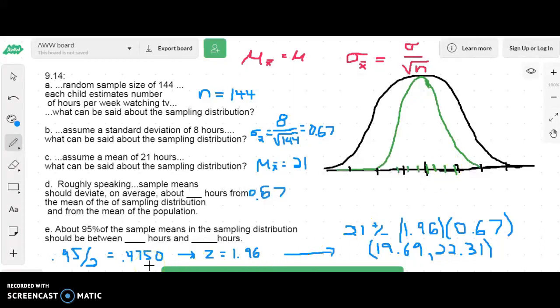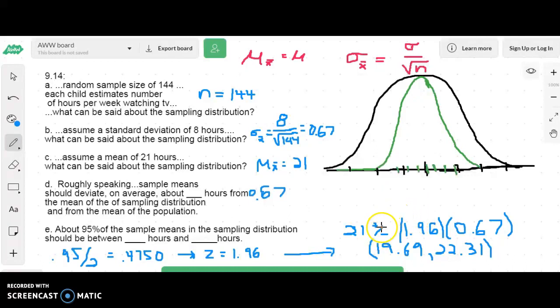In the back of the book, if we look at the normal curve table under the area of 0.4750, and again that's an area from a certain increment to the mean, that gives us a z-score of 1.96. For purposes of this problem, you could have said 2, because roughly 95% of the population is going to fall within 2 standard deviations. So whether you use the z-score of 2 or you want to be more precise with 1.96, we plug that into the formula.